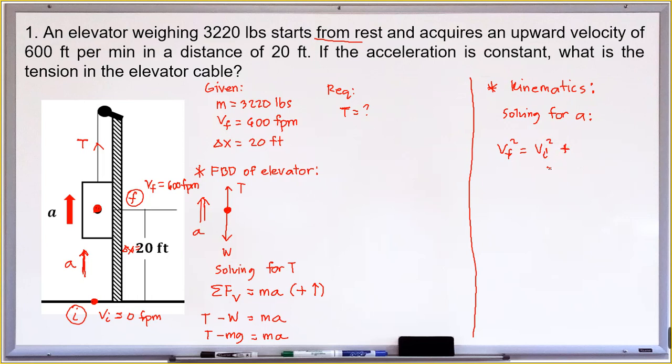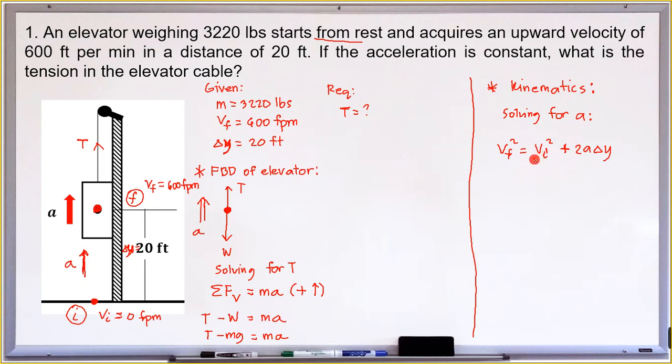I take the positive sign because the direction of the acceleration is the same as the direction of motion, upwards, and the displacement is also positive. Actually, this is not change in x because it is not in the x direction; it is upwards, so let's change this into y. So, 2A change in y.